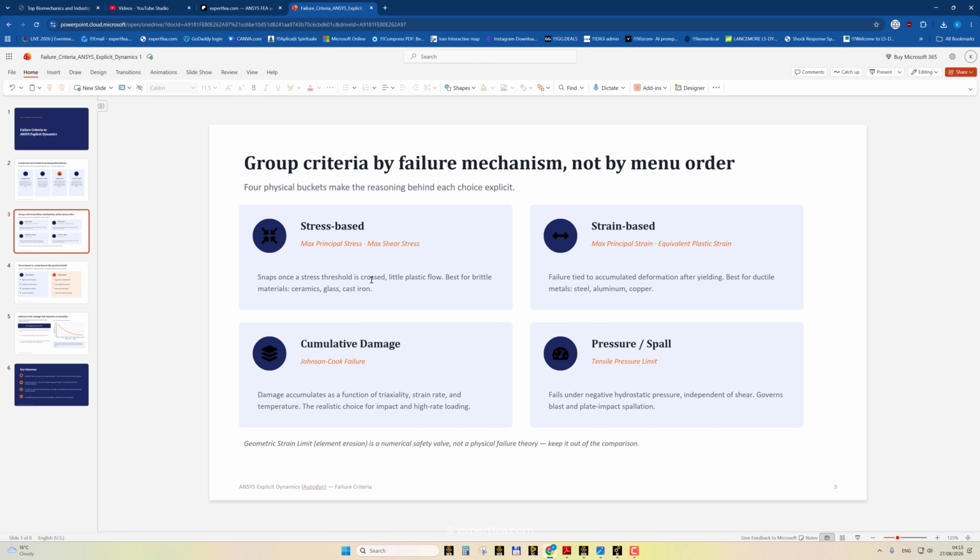Each criterion for failure is advisable, for example, stress-based for brittle materials, strain-based for ductile materials.